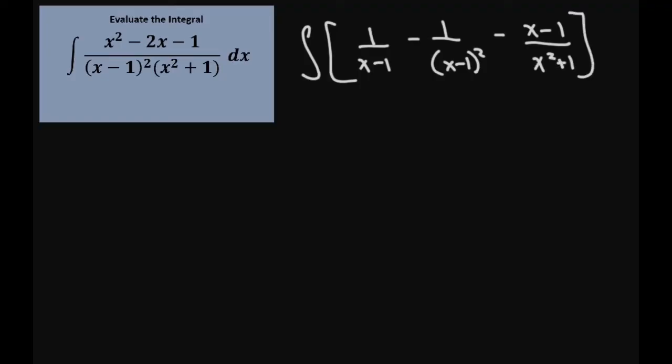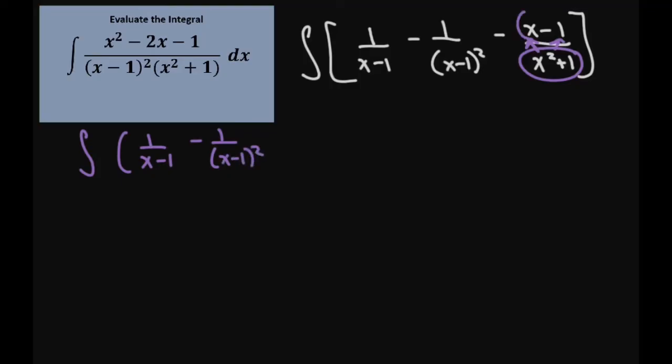All right. The next step I want to do is go ahead and write this denominator under each of these terms here. So now we're going to get the integral of 1 divided by x minus 1, minus 1 divided by x minus 1 squared.